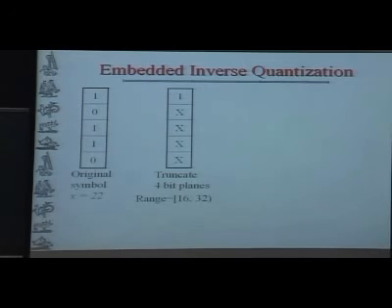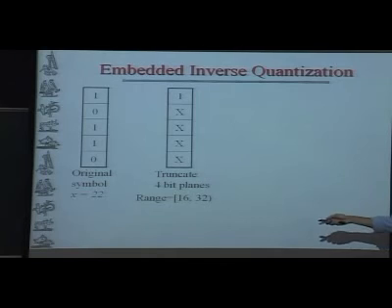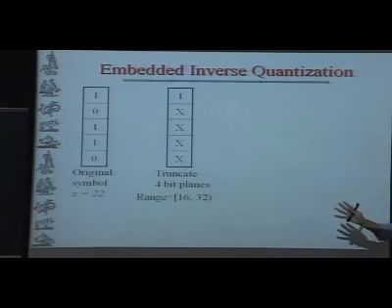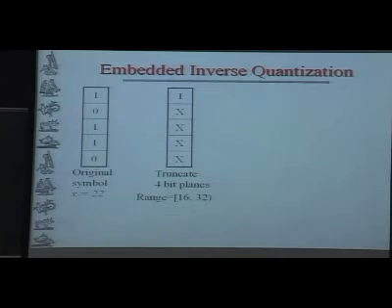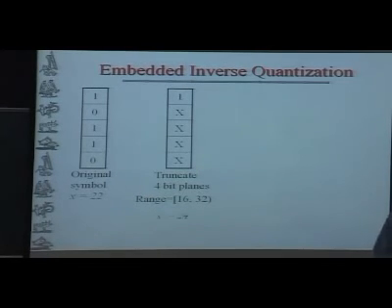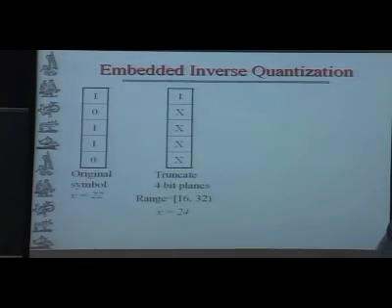So if I have to reconstruct now, what would I do? The midpoint. Suppose that I don't know anything about x. I'm blind and I'm trying to make a reasonable guess. I'm going to guess the reconstruction is the midpoint of 16 and 32, which turns out to be 24. Agree? Now let's take it one step forward.